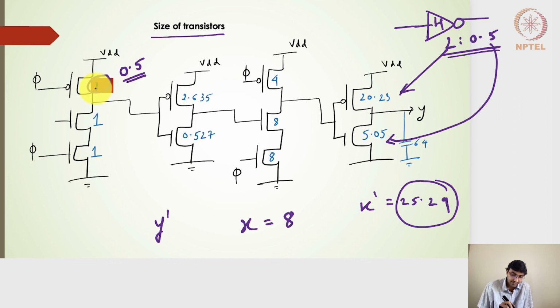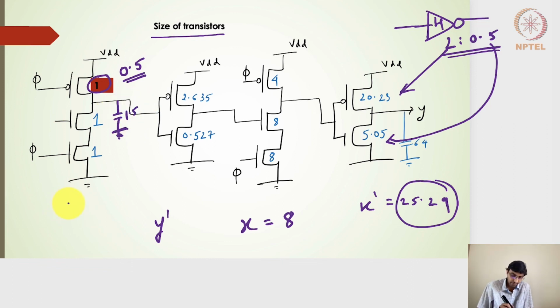So for the size of the dynamic inverter here in the first stage, if it is of size 1, the clocked PMOS transistor should have a size of 0.5, so that this particular parasitic will be 1.5, and that will be considered appropriate.